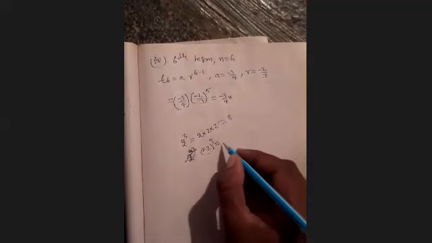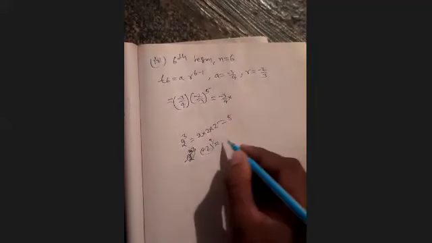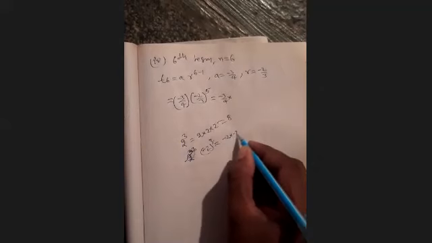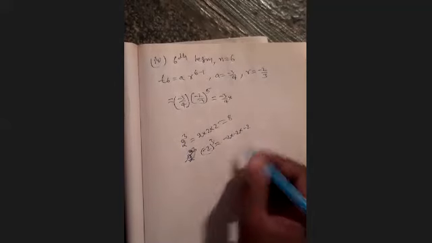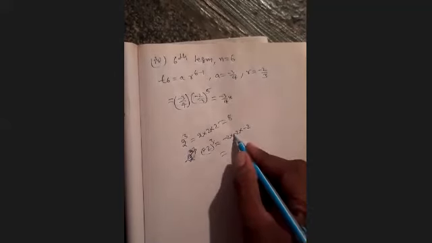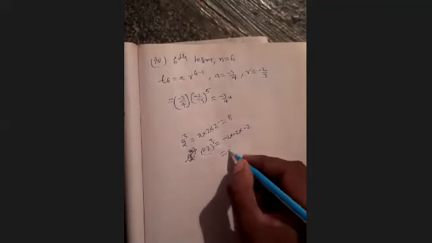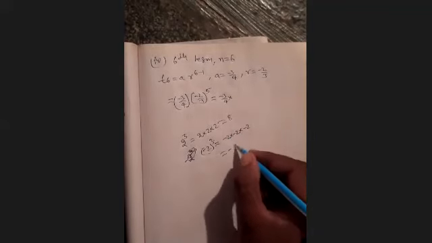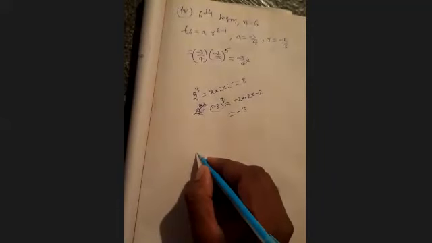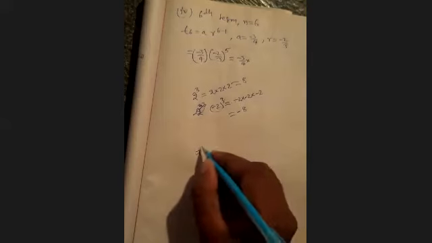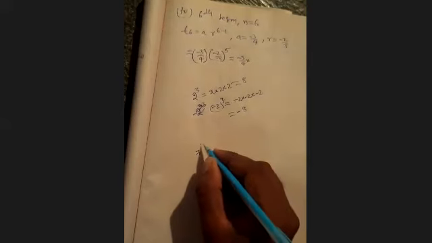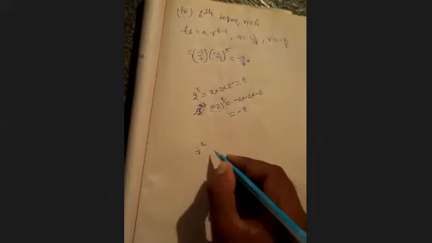How, sir? This is -2, we have 3 times. -2 into -2 into -2: minus into minus is plus, plus into minus is minus. 2 into 2 is 4, 4 into 2 is 8. One more example I am giving you. Suppose 7 power 2.